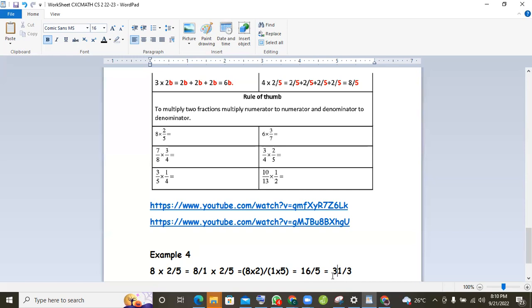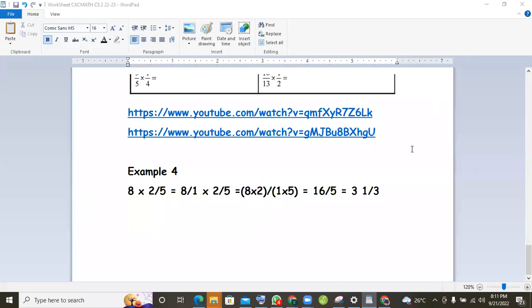Can somebody please read this mixed number? Now it is important to note how you are reading this. We normally say 3 and a fifth. 3 and a fifth.